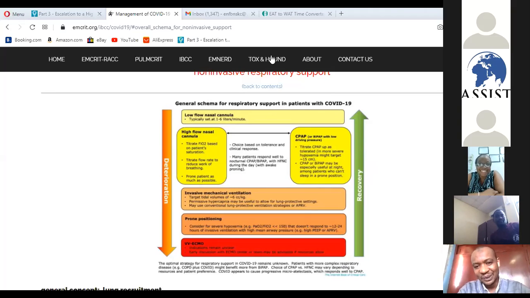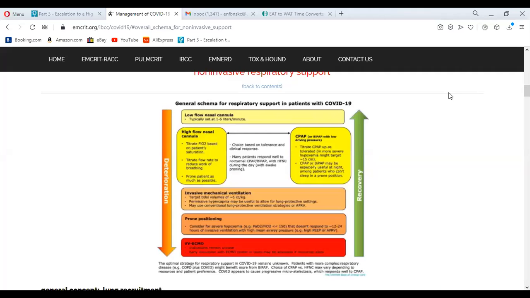So, always we start with low flow oxygen therapy. This is important so that we manage our resources adequately. But of course, it depends on the severity with which the patient presents. If a patient is presenting with very severe disease, you may want to start at mid-level or at the higher level.